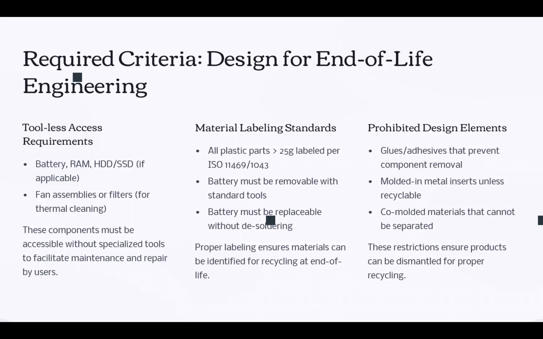All plastic parts over 25 grams must be labeled clearly according to ISO 11469. This helps recyclers sort the plastic properly. Now, batteries also need to be removable using basic tools, not soldering or a glue shot.